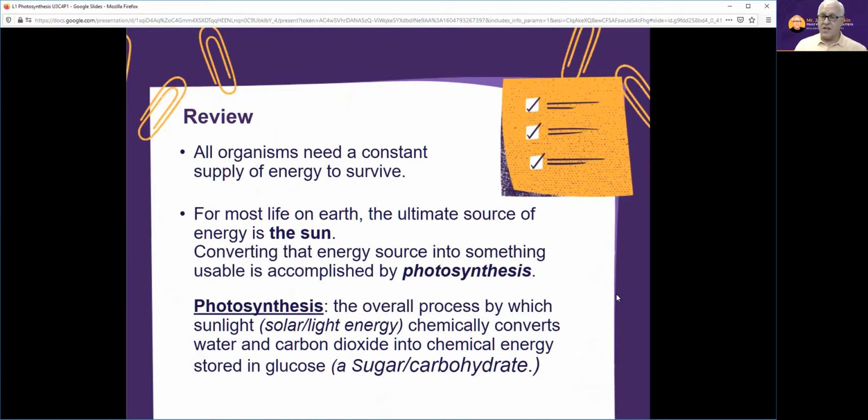Remember, photo means light, and synthesis means to put together. And so photosynthesis is the overall process by which sunlight, or solar and light energy, chemically converts water and carbon dioxide gas into chemical energy that's stored in the glucose, which is a sugar carbohydrate.